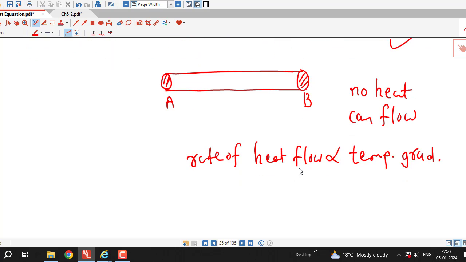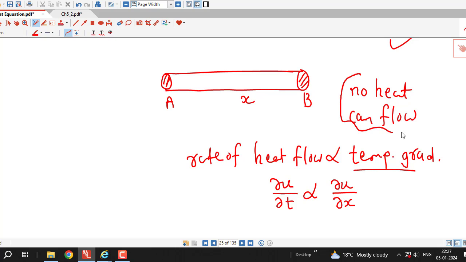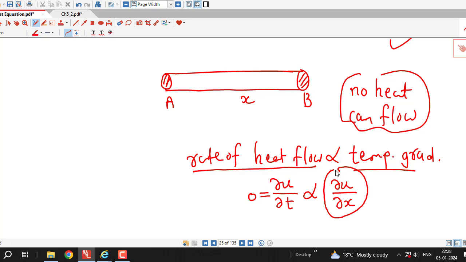That means this rate of heat flow is given by the partial derivative of u with respect to t, and the temperature gradient, since we are considering only one space variable x, is del u by del x. Now if no heat can flow through the ends, that means the rate of heat flow is 0, or del u by del t is 0, therefore del u by del x is also 0.